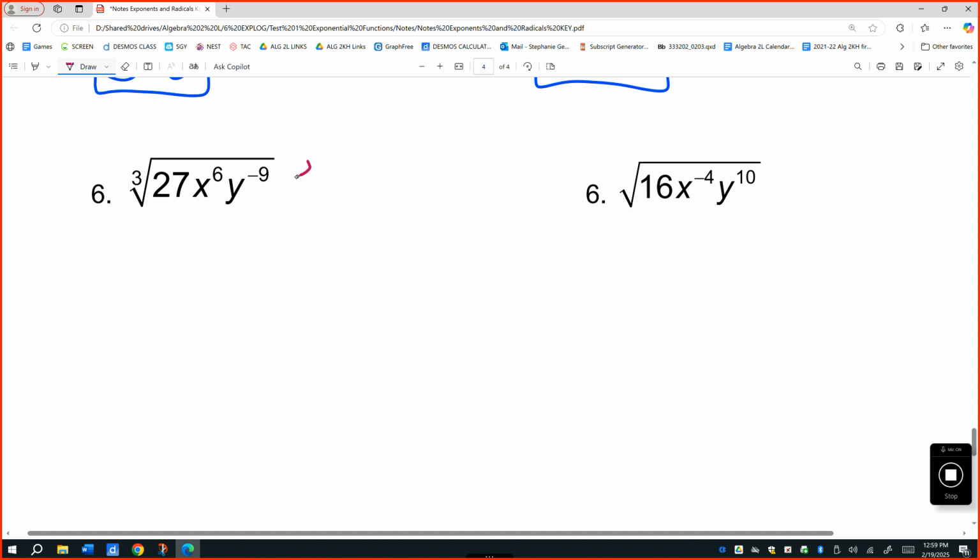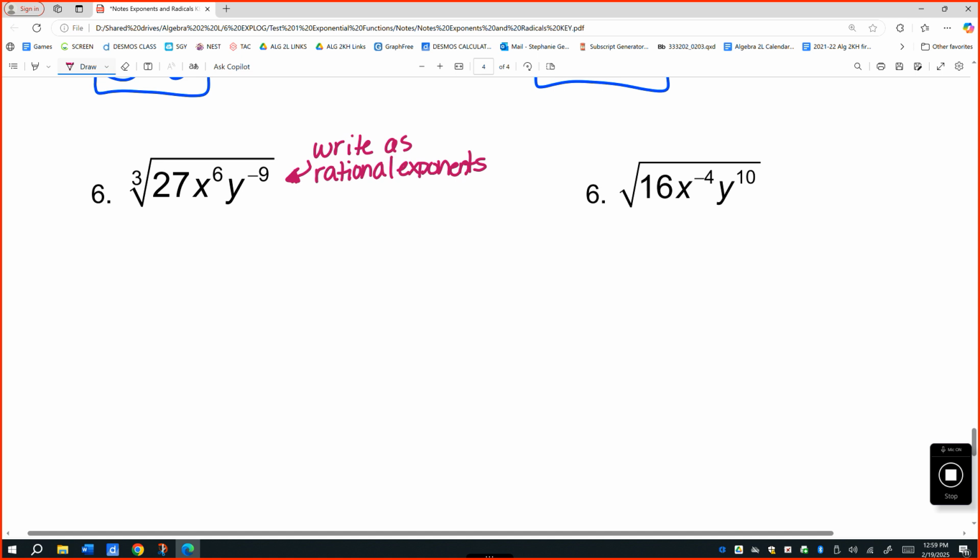So what we can do to simplify this is we can write these as rational exponents. Okay, because once we turn them into exponent form and they're fractions, then we can use all of our simplifying fractions rules to simplify this, okay?